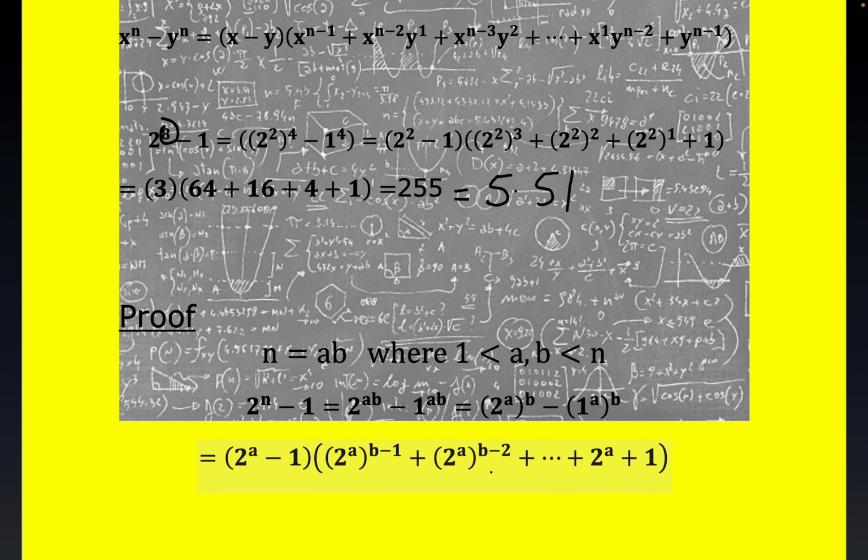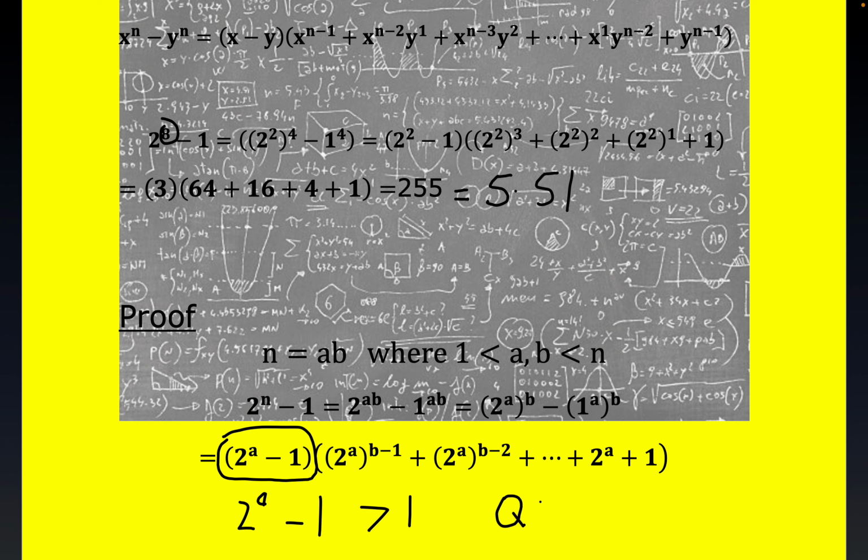But notice right here that this 2 to the a minus 1 is guaranteed to be greater than 1. And that's all that's required. If we have a single factor that's greater than 1 and less than the number itself, then we have a composite. So you see, this is a proof, QED. We can write QED right now.